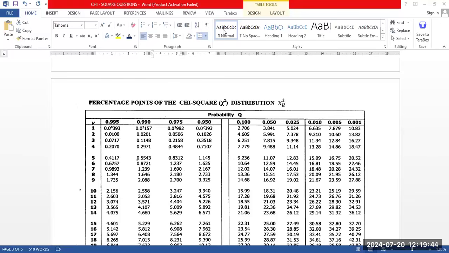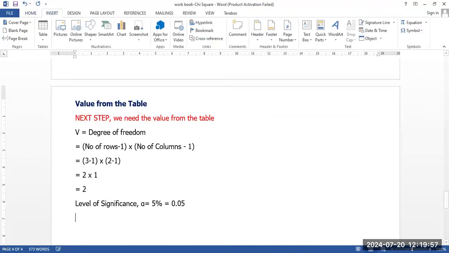Someone is saying the second last computed value is wrong. Have you confirmed? Please confirm.